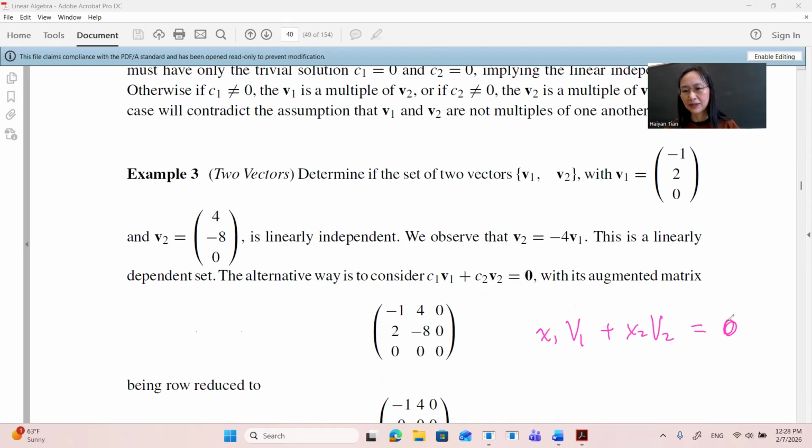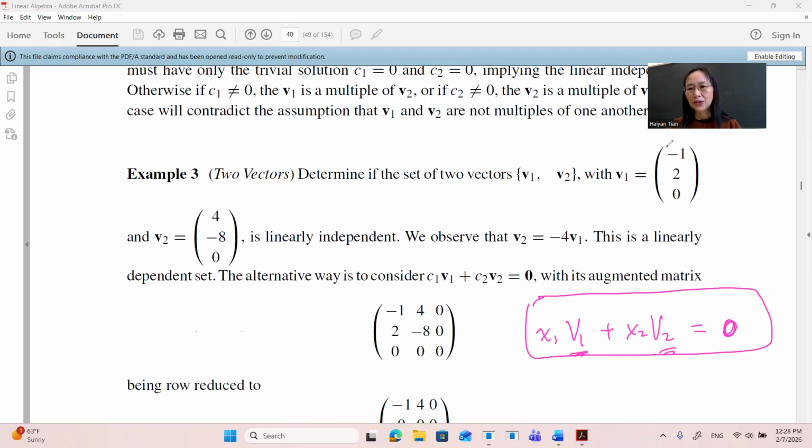This is the zero vector, right? So if we study this homogeneous system, do we have only trivial solutions? This homogeneous system is the system in vector equation form. You put the first vector, second vector in vector equation form. You can also write the augmented matrix.